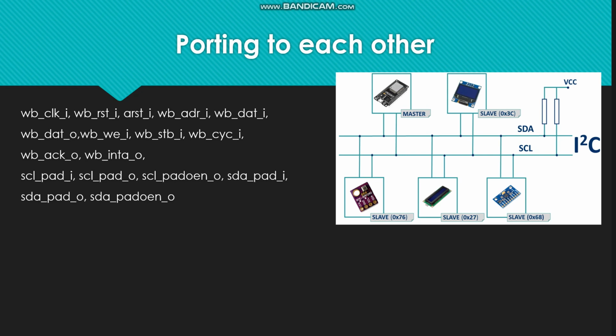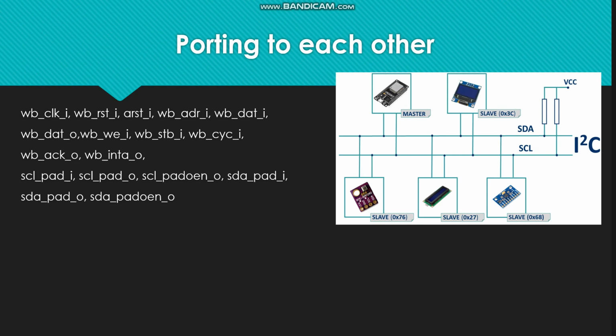WB_INT_O is the interrupt request signal, and could be the same as the IRQ signal in Avalon. I will show you how it could be written in the Avalon interface. And the final signal is the handshake signal, WB_ACK_O. When the slave device is ready to be read by the master device, the signal will be held valid.